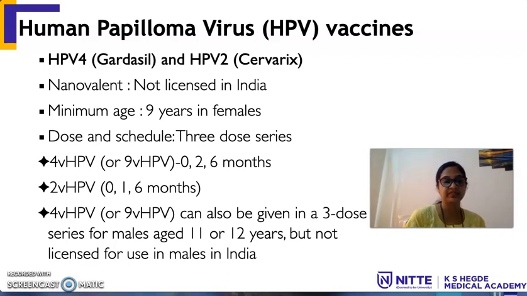We have the tetravalent, that is Gardasil, and the bivalent, Cervarix. Nonavalent is available, but not marketed or licensed in India. The minimum age is 9 years, and these vaccines are given only to females, girl children. Both of them follow a 3-dose series. The 4-valent follows 0, 2, 6 and the 2-valent follows 0, 1, 6. The 4-valent vaccine can also be given in males, but however, we are not giving it.